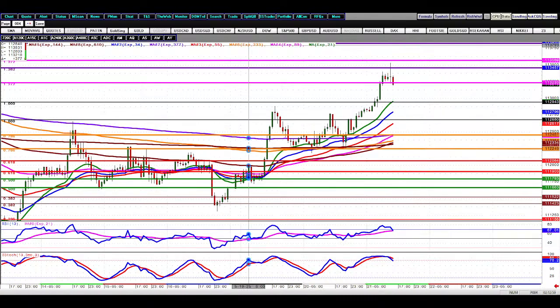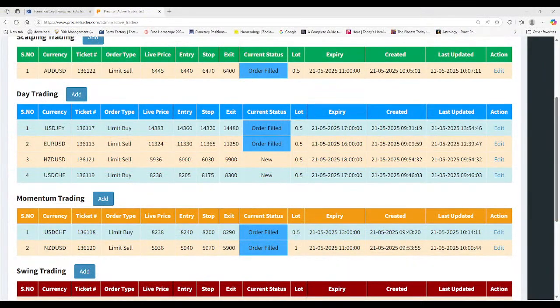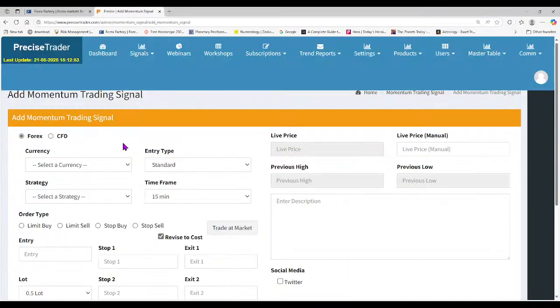We are going for an additional entry, a second entry, and this is what we should be doing in our trading.